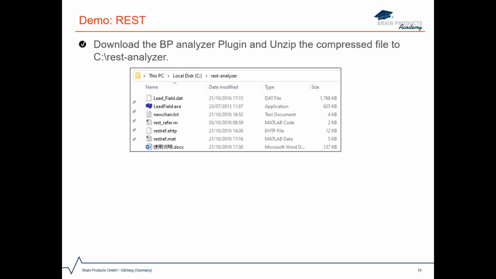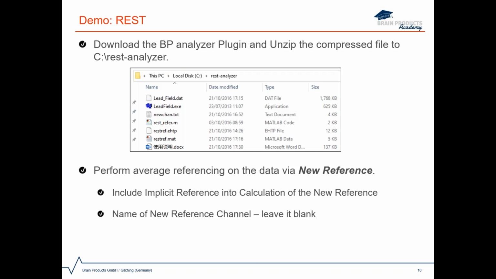As the first step, you will need to download the BP Analyzer plugin from the given link in the previous slide. Unzip the compressed file to the C drive. Make sure all files are in the C directory. Before applying the REST technique, it is required that the data is first referenced to an average reference.